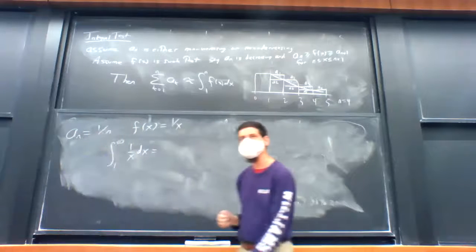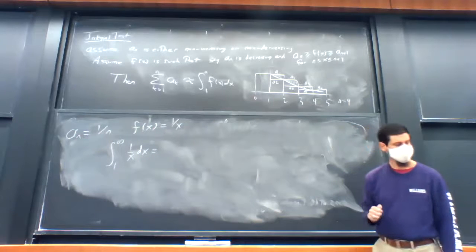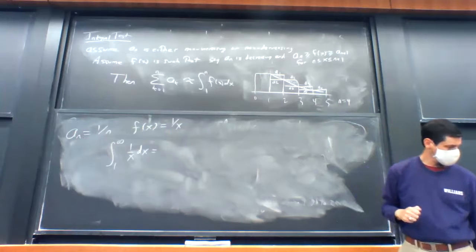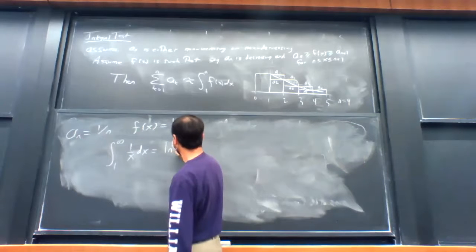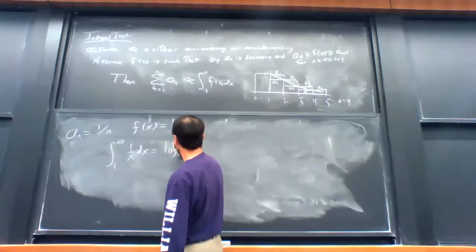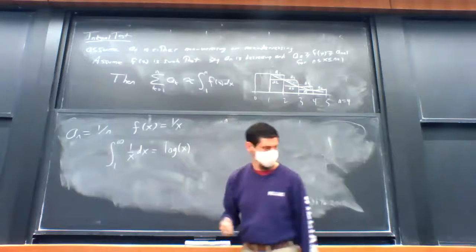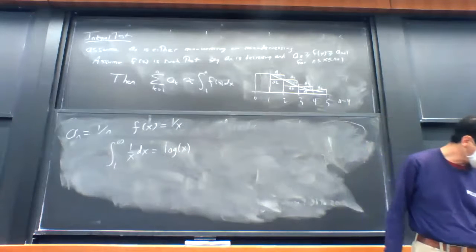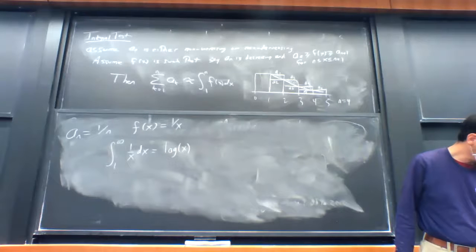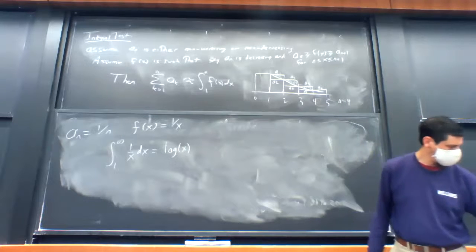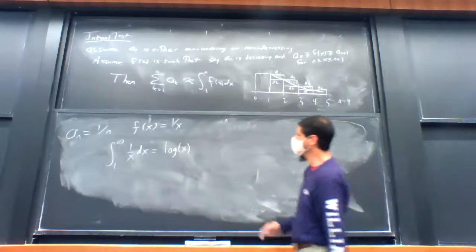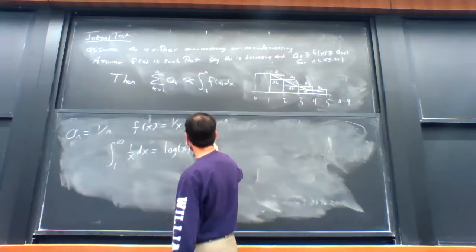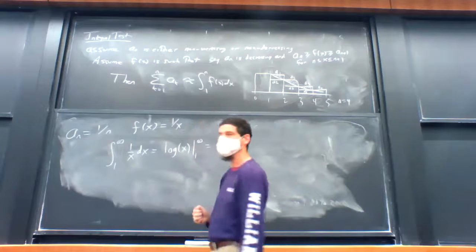What's the antiderivative of 1 over x? Natural log of x. And so in the upper level classes, we use log, and we evaluate this at 1 and infinity, and this would be infinity.